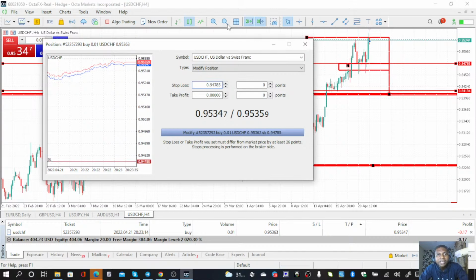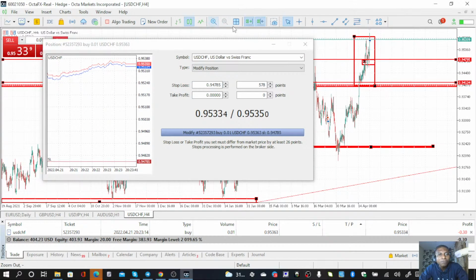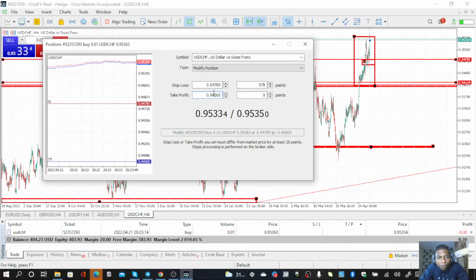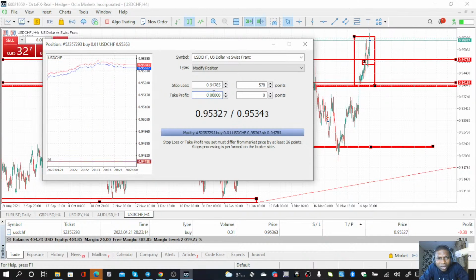Okay, and for my take profit, let me make it 100 pips, 100 pips away from my entry point. 0.94800. Let me make it 100. Yes, okay, good.